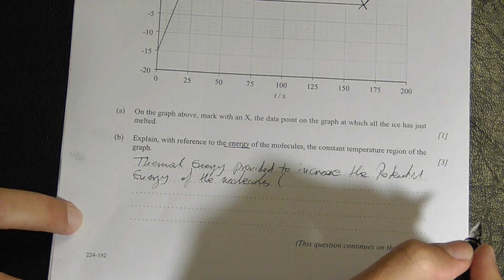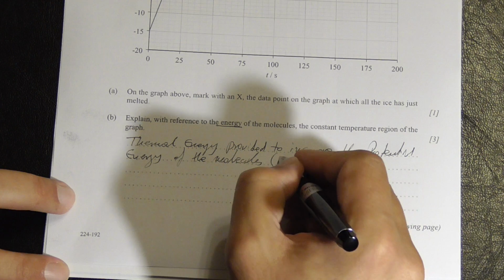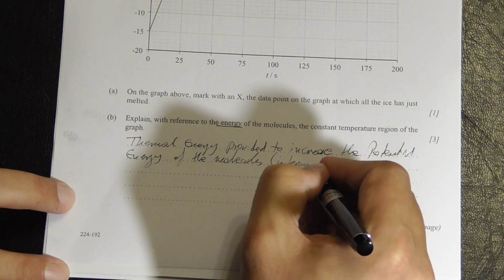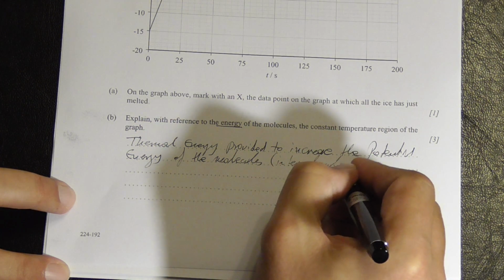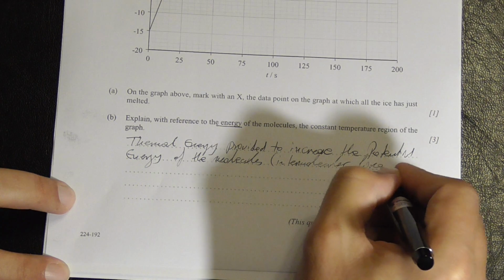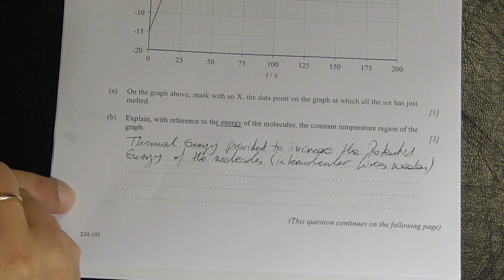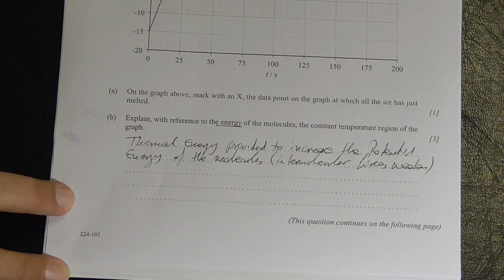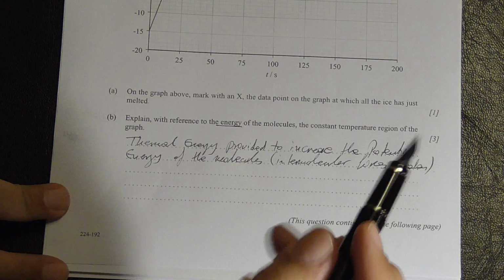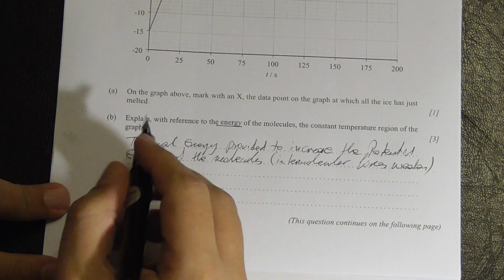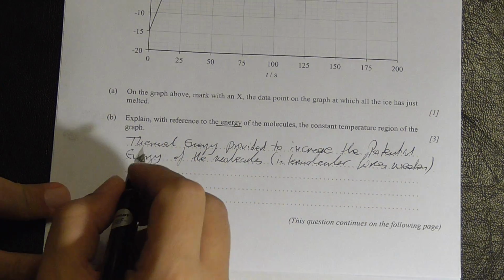Okay, and I can put in parentheses even that intermolecular forces weaken. Throw some keywords to the IBO guys, impress them. Intermolecular forces. All right. Nothing happens to the average kinetic energy.